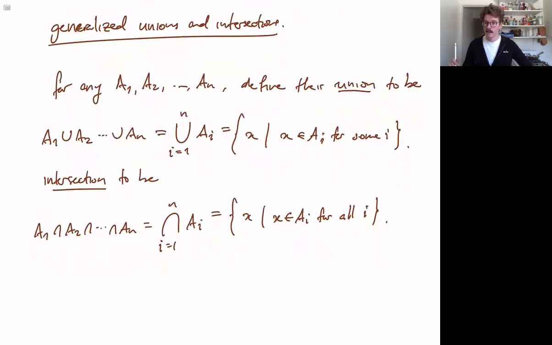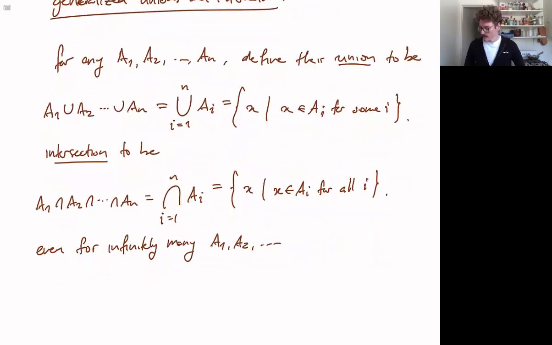And we can even, where it starts to get even more subtle, do this for infinitely many sets. If you have an infinite collection of sets, you can still define these things, and you write union from i equals 0 to infinity, or intersection from i equals 0 to infinity. Again, the same way that you would with summation notation, if you've seen that before.